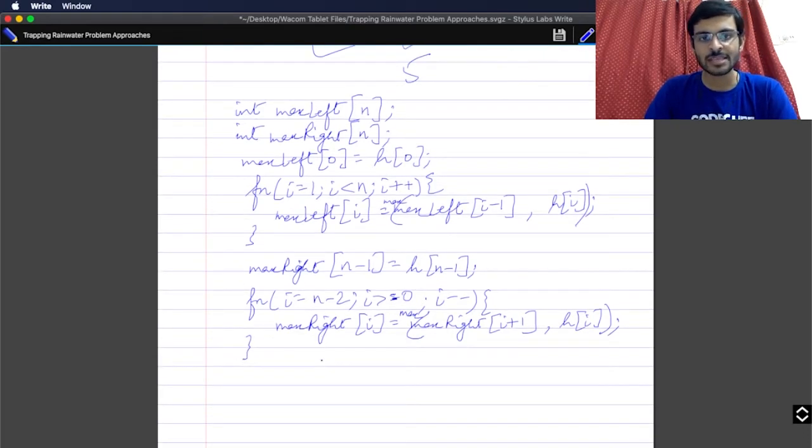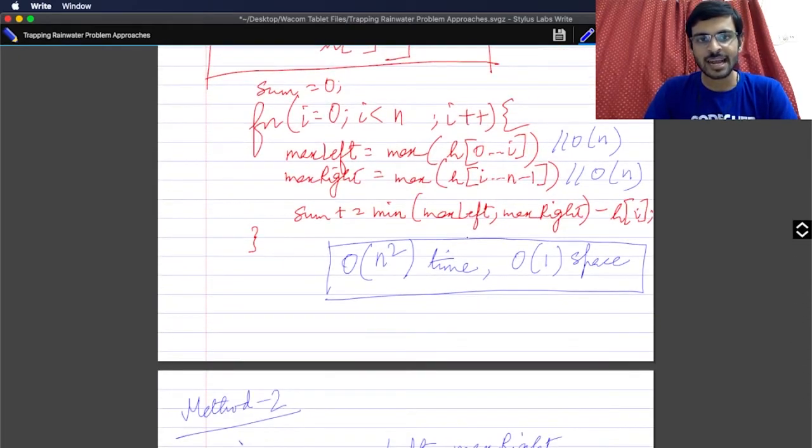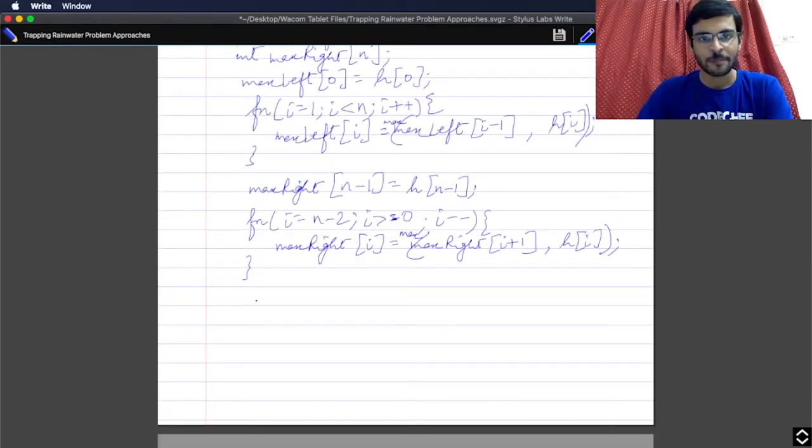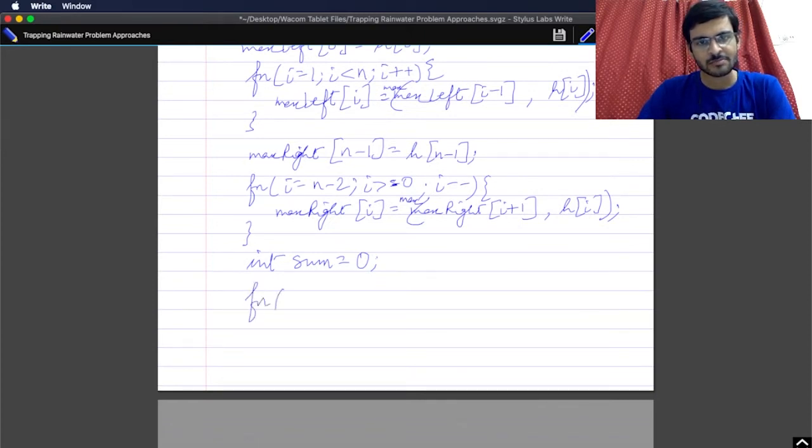And now we can just copy this entire approach. By now we know that the terminal things, the leftmost and the rightmost, are not going to contribute, so let us not involve them, or we may include them, there is no harm in that.